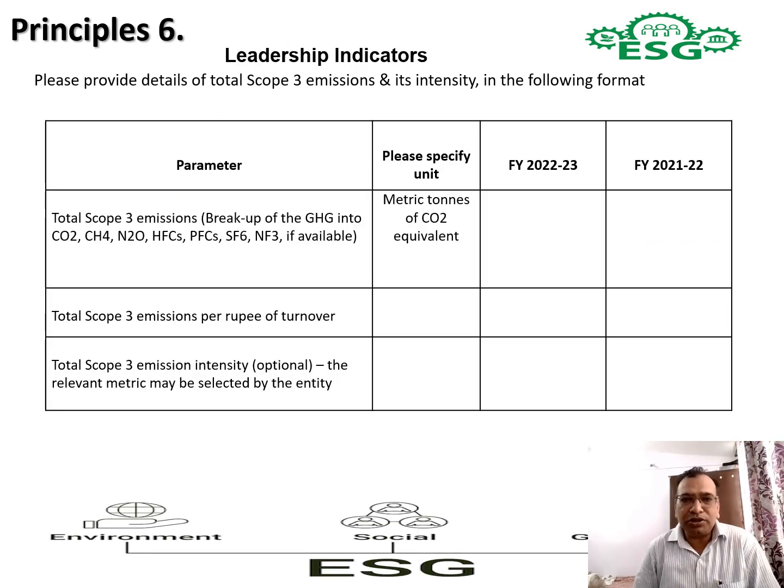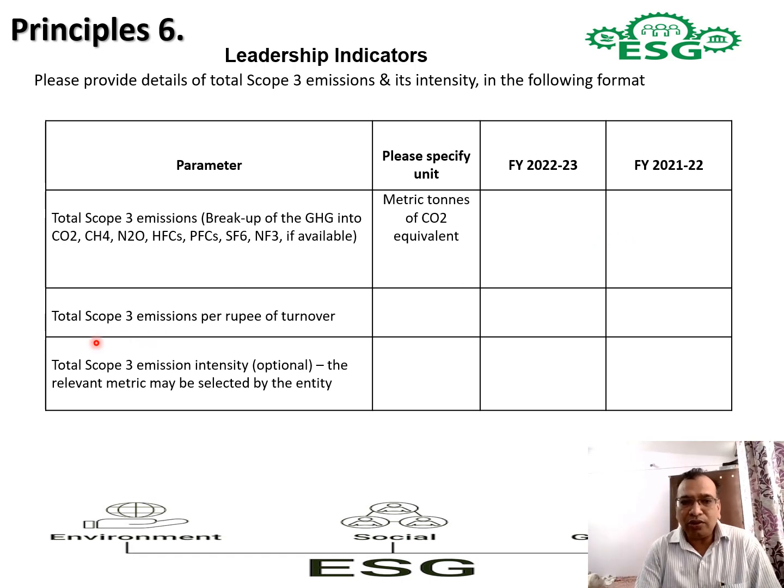Now under Principle 6 leadership indicators, and under Scope 3, what is the data to be provided in the BRSR report? It is said that please provide the details of total Scope 3 emissions and its intensity in the following format. This is a table. Total Scope 3 emissions has to be reported in metric tons of CO2 equivalent for both the years, current financial year and previous financial year.